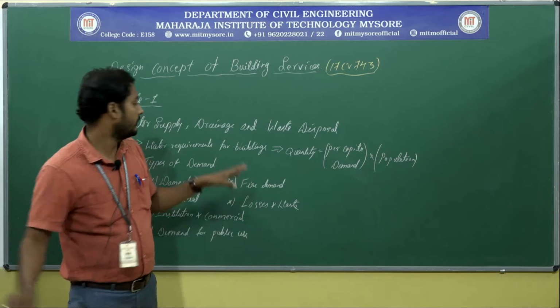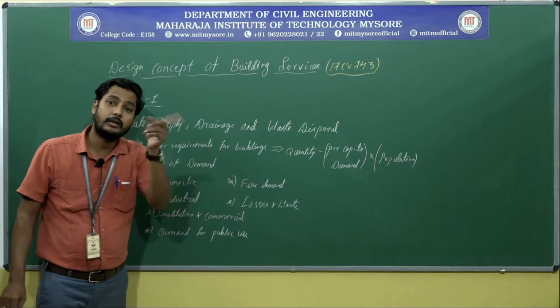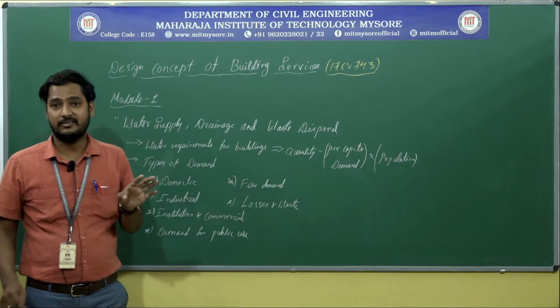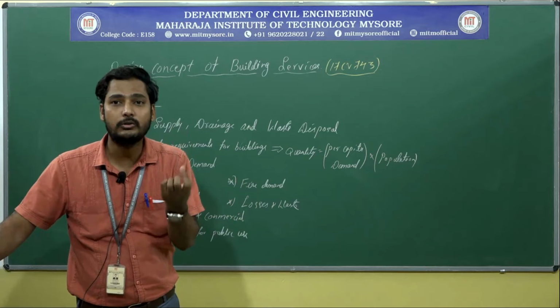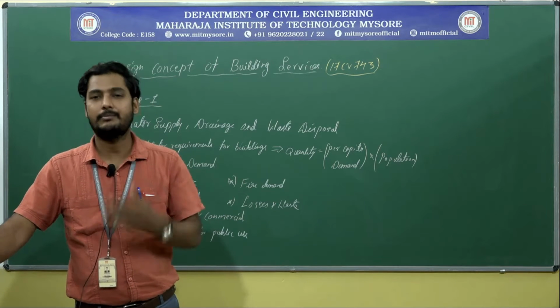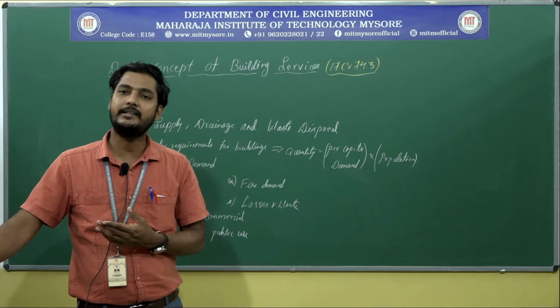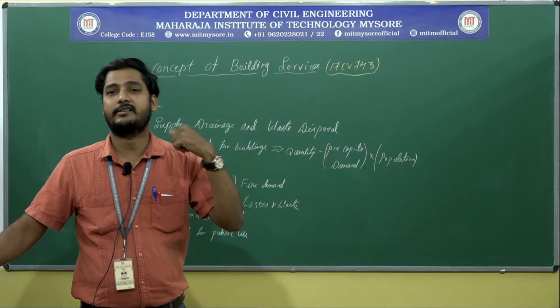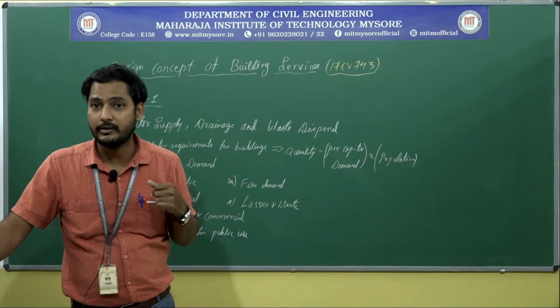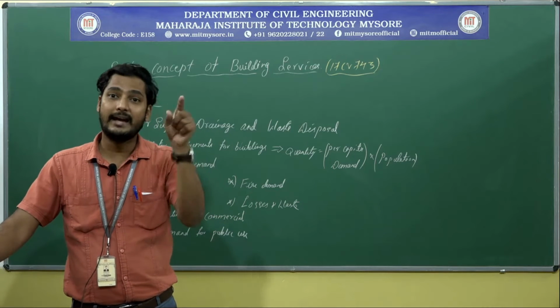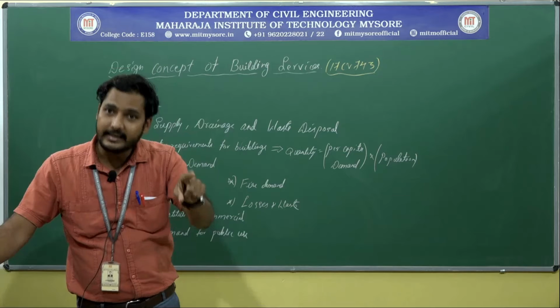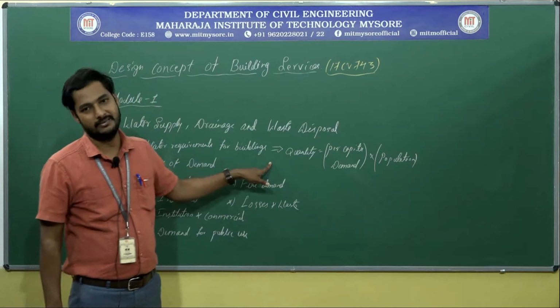According to this water requirement, we construct overhead tanks or underground tanks to store the water. For example, we often hear the tendency to say, let us construct a 1 lakh liters capacity overhead water tank. That 1 lakh liters capacity is designed according to these principles.